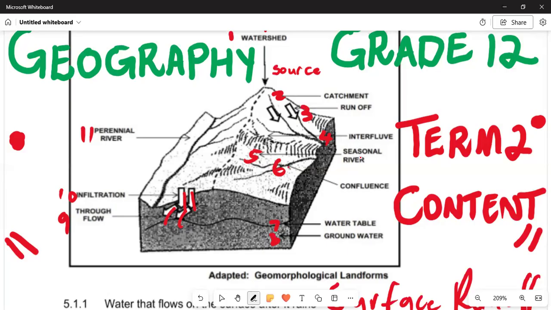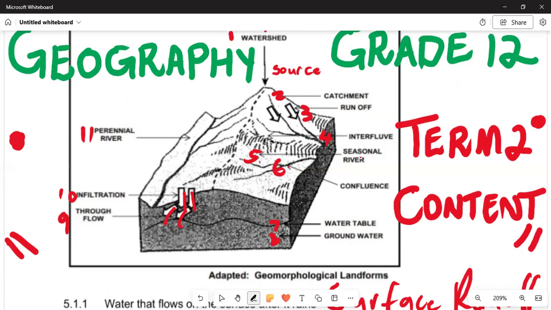So this water, when it moves underground due to the permeable, porous soil or particles, there would be water that would go under the ground, and it is called the groundwater. Number nine, we are having the throughflow. So the throughflow is the movement of water that is underground.